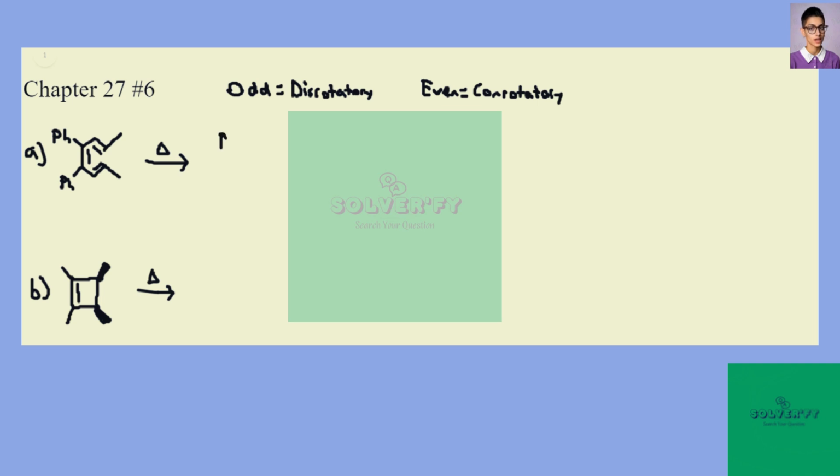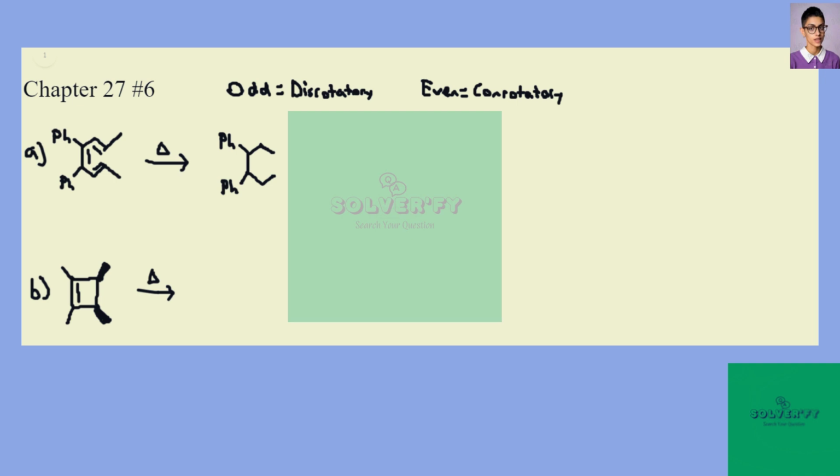The main rule that's going to govern the stereochemistry of these products is what I've written at the top of the page here: in a conjugated polyene, meaning multiple double bonds, if there are an odd number of double bonds, then there will be disrotatory rotation.